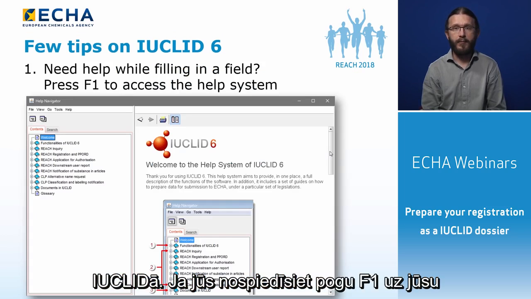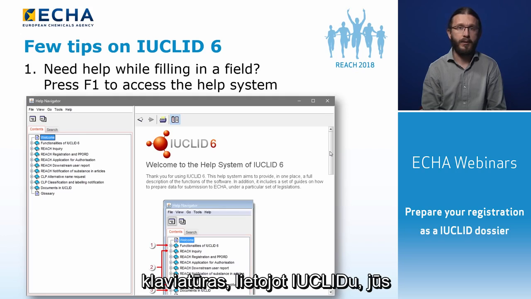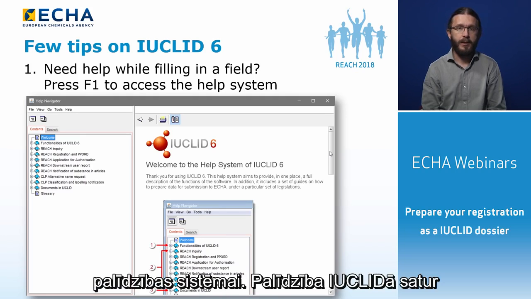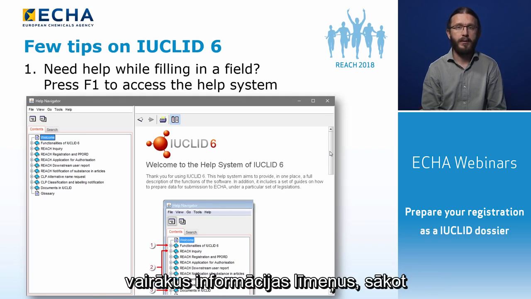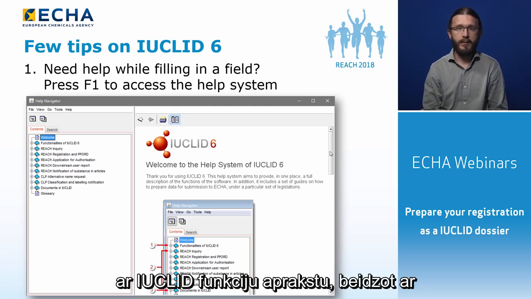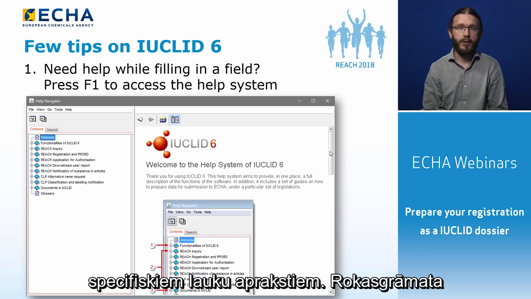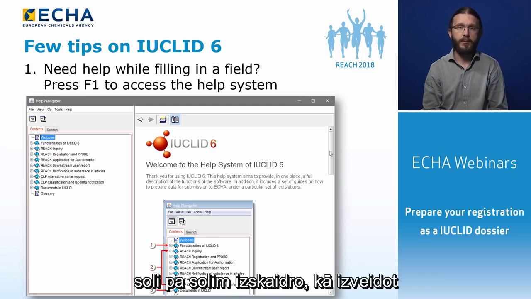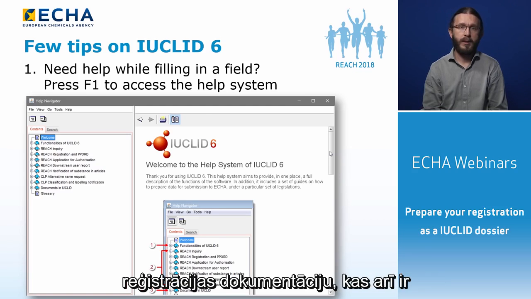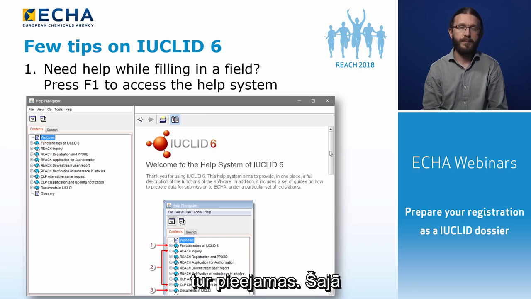If you press the key F1 on your keyboard while using IUCLID, you will have access to the integrated help system. The help in IUCLID contains different levels of information, from a description of the IUCLID functionalities to specific field instructions. The manual explaining step by step how to create a registration dossier is also accessible from there.